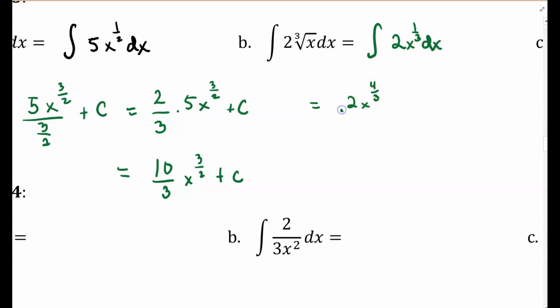And I'm going to divide by 4/3, which ends up multiplying by 3/4. So we end up getting 6x to the power of 4/3 divided by 4 plus a constant, which is 3/2 x to the power of 4/3 after reducing that coefficient.